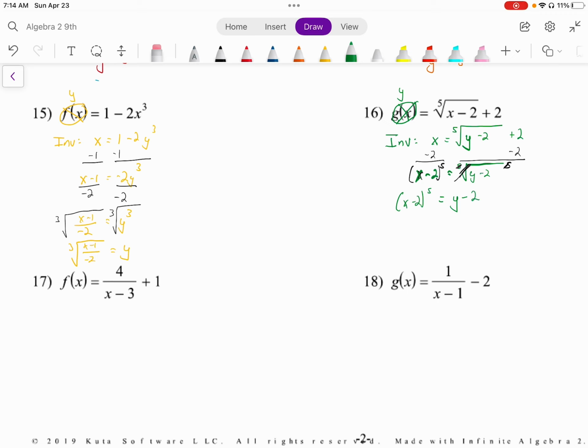And then the last thing we do is just add 2 to both sides. Now on the left, it can't be added inside here because this is to the 5th power, so we have to just leave it as x minus 2 to the 5th plus 2 is equal to y. And if we want to put y first, we just have y equals x minus 2 to the 5th plus 2. That is our inverse.